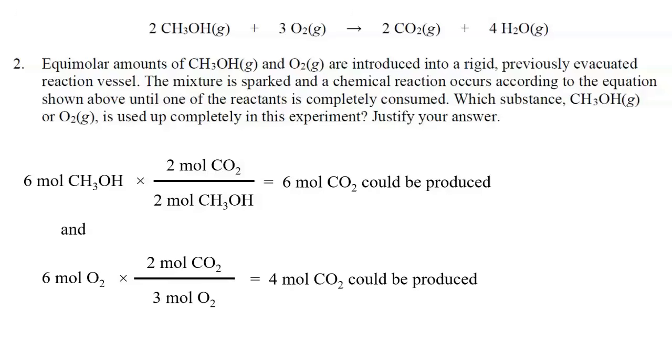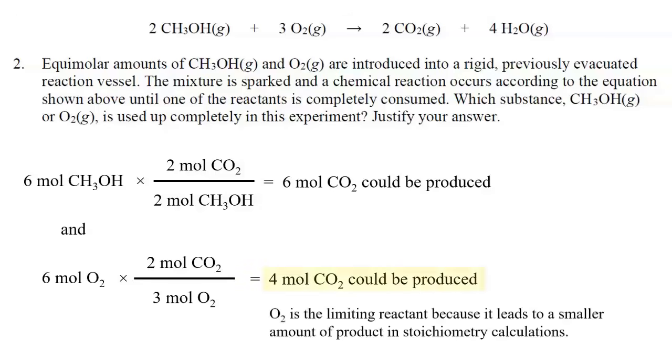Now that I have produced two different numbers, the number that I'm focusing on is going to be the smaller of the two numbers. The theoretical yield limits the amount of product that can be produced. So since 4 moles of CO2 is less than 6 moles of CO2, this tells me that oxygen, O2, is the limiting reactant in this example because it leads to a smaller amount of product in my stoichiometry calculations.